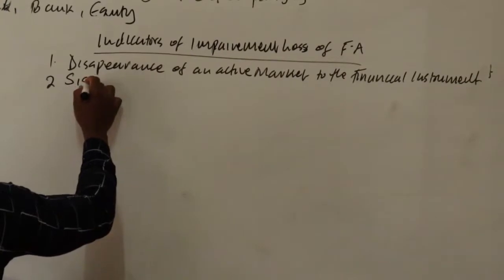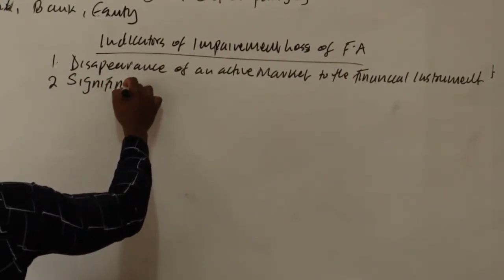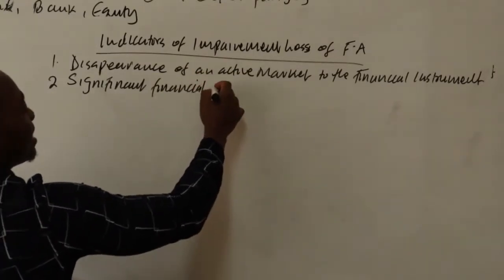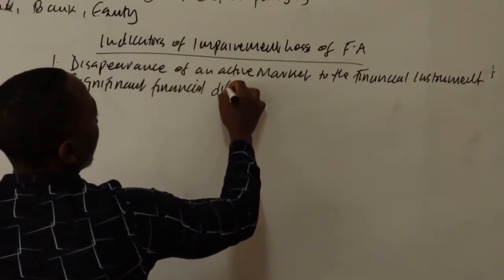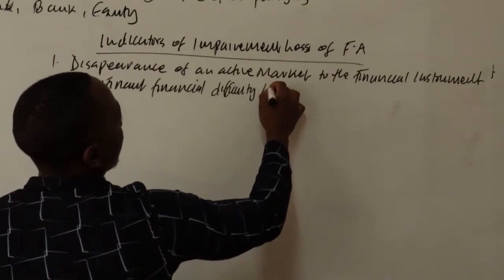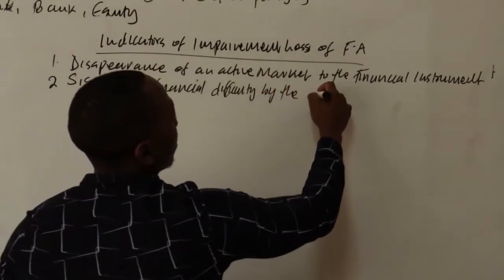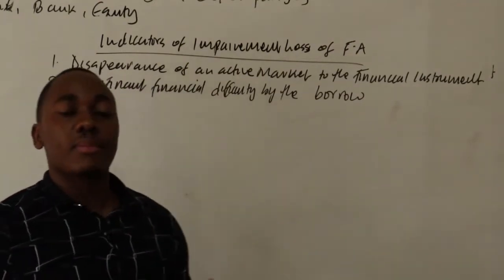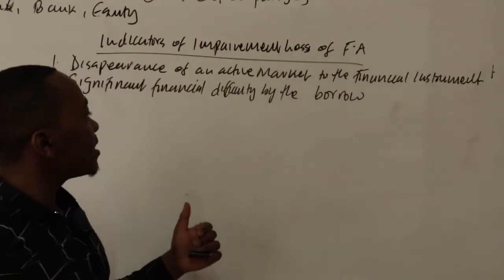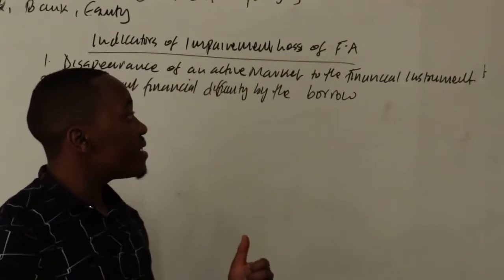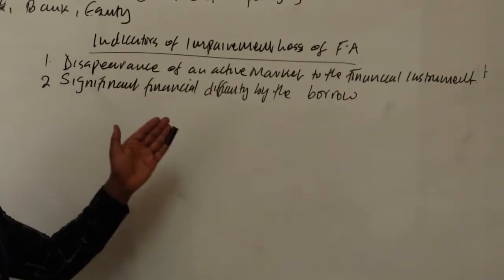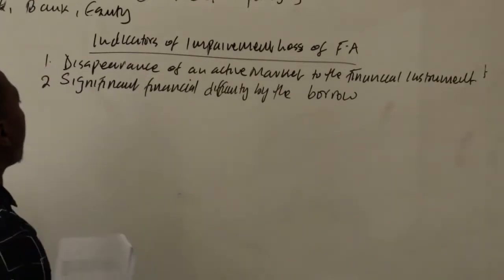Then, number two, when there is significant financial difficulty by the borrower. In this case, assuming the borrower has borrowed some cash from you, and they are facing financial difficulties, that means they cannot be able to refinance that loan. So in that case, it's one of the indicators that the financial instrument has been impaired.